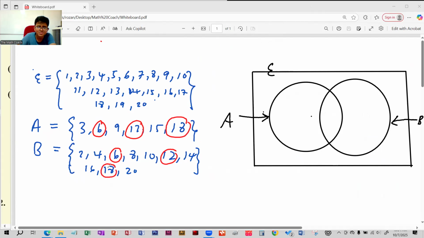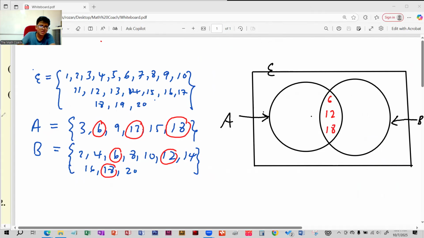That's all, right? So in this intersection part, the common numbers come in. So we have 6, 12, 18.